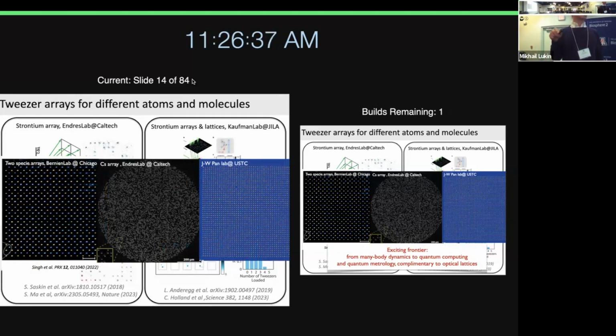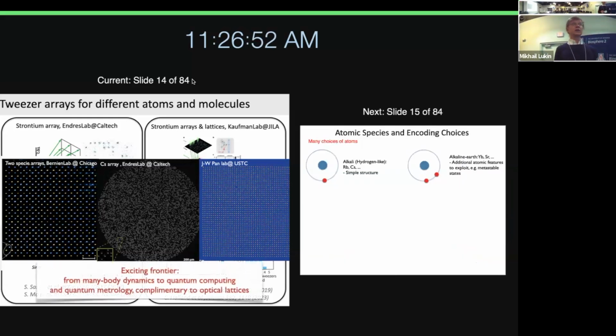This is a picture of over 5,000 trapped cesium atoms in Manuel Endres' group at Caltech, and this is an array of 2,000 sorted atoms in Jian-Wei Pan's lab at USTC. And this is really an exciting frontier, because it bridges quantum computing with many-body dynamics, quantum metrology, and, as I already mentioned, is complementary to optical lattices.